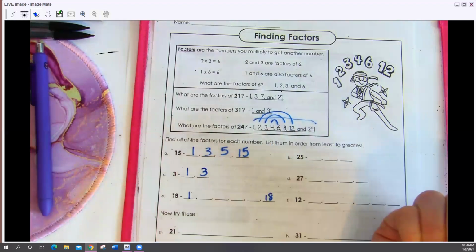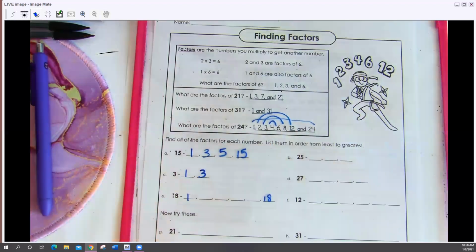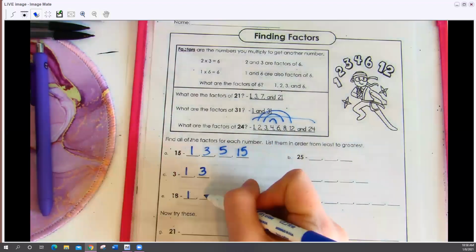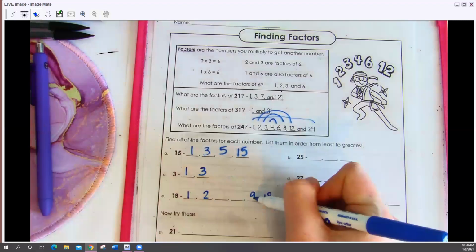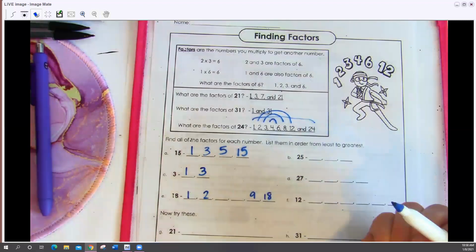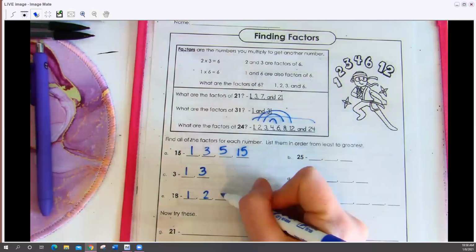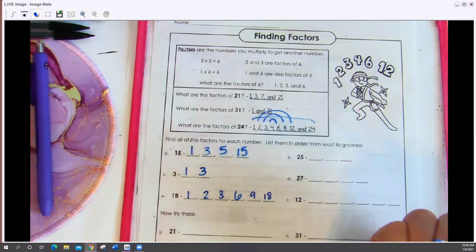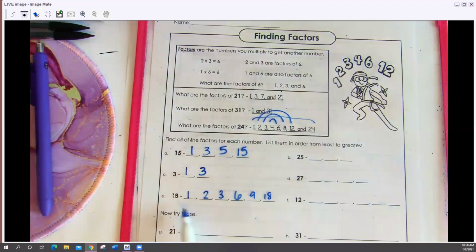When I'm thinking about my multiplication tables, I know that 2 times 9 equals 18. So I can put my 2 and my 9. And then I know that 3 times 6 would equal 18. And I just fill them in order from least to greatest.